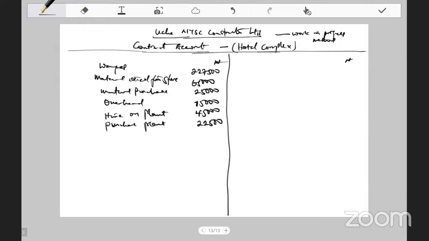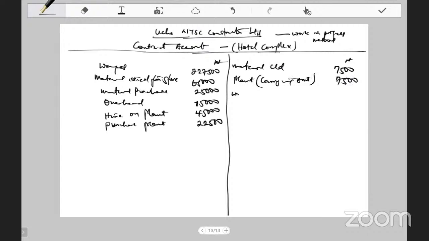And what are the materials that they did not use on the site? 7,500. What is the plant carrying amount at the end of that year? Also 7,500. So in this case, there's nothing like work not certified.